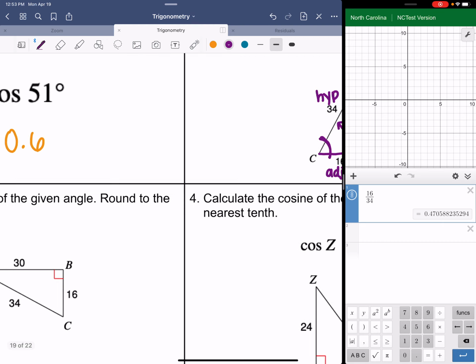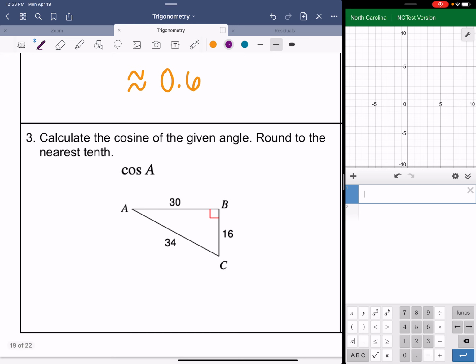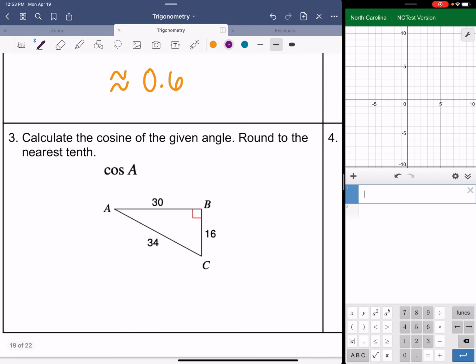Number 3, calculate the cosine of A. So using A as our angle measure, we're looking for the adjacent side, which would be 30. The hypotenuse is going to be 34.